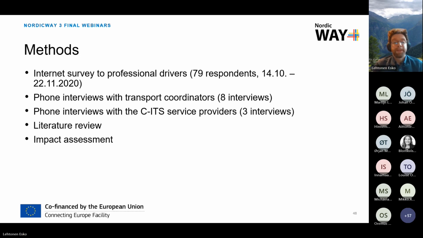Of course, it might be that this sample is a little bit biased to those who are more technologically oriented drivers. Then we also made some phone interviews with transport coordinators and with the C-ITS service providers. That was complemented with a literature review and impact assessment procedures.